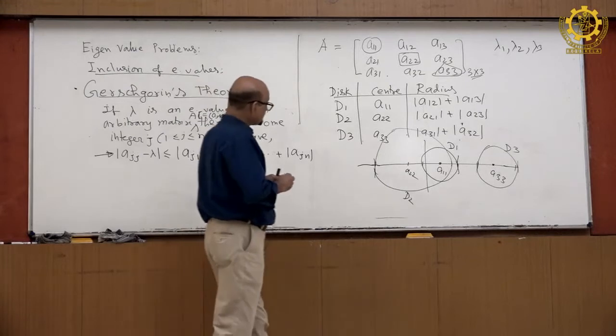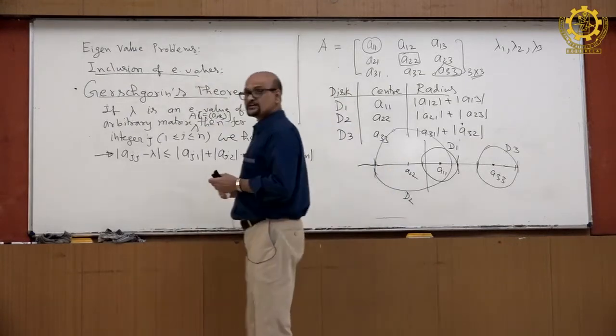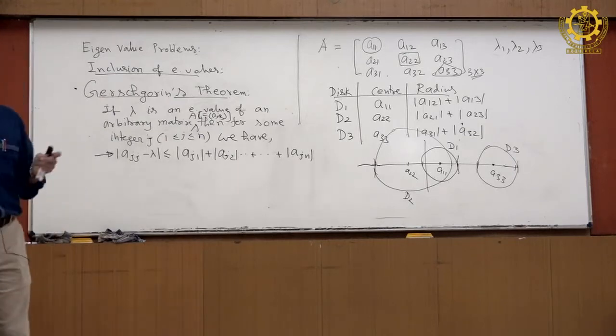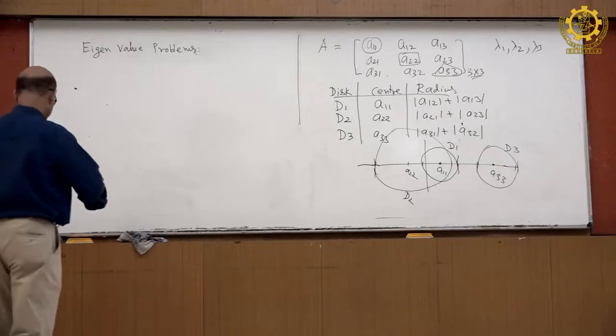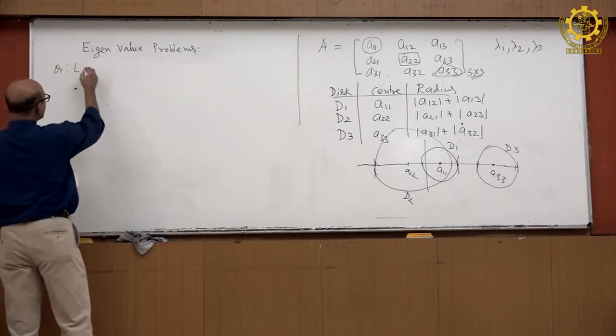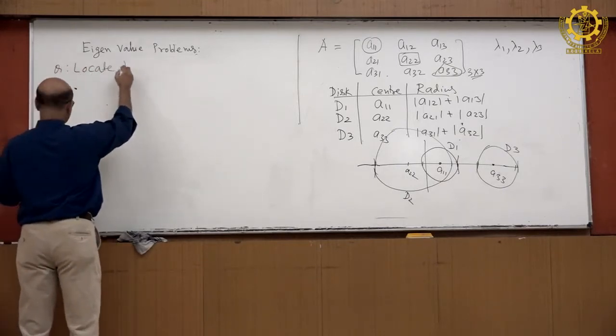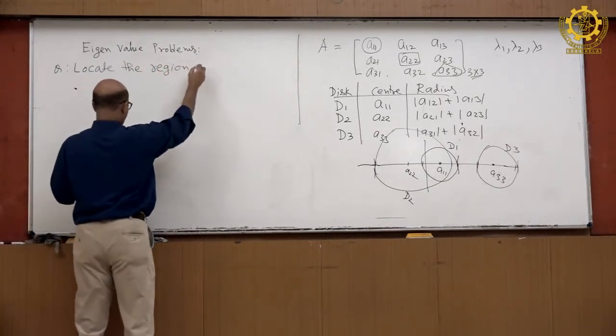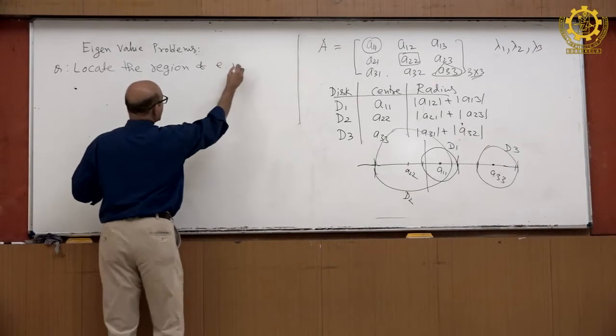So, let us take one example with respect to this and see how you get the idea of the eigenvalues with respect to the disks. The question is: locate the region of eigenvalues.